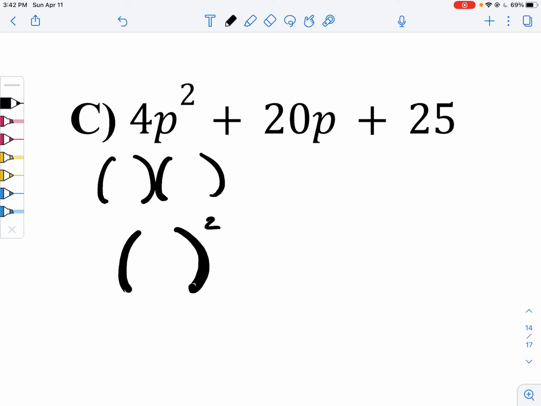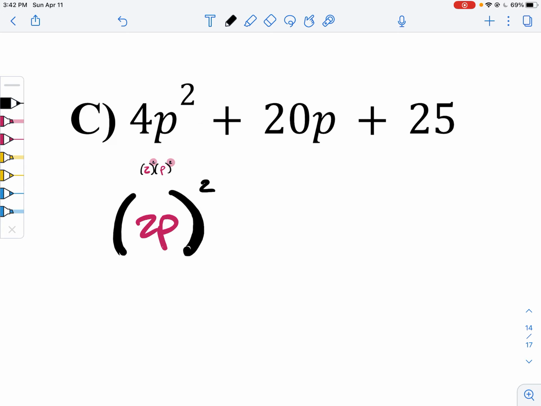I'm going to show you that this is actually two things that are squared. That's, well, 4 is 2 squared, and p squared is p squared. So undistributing the square gives us that is 2p squared. Fancy, right? Whoa, so cool.